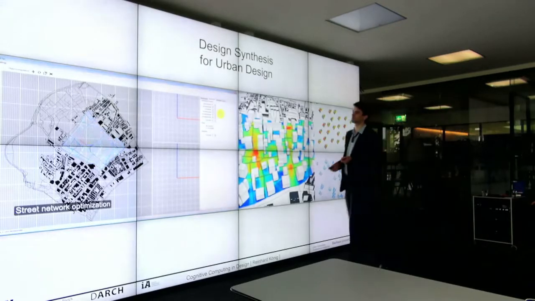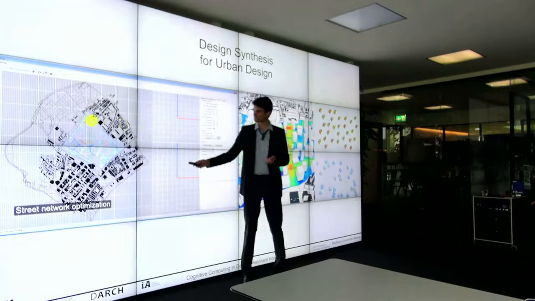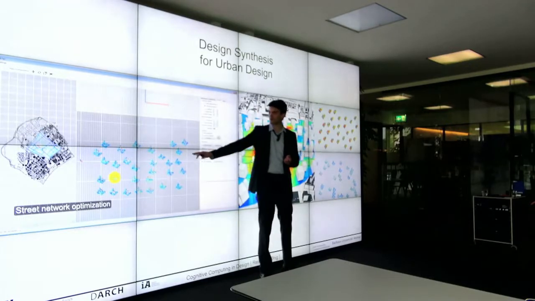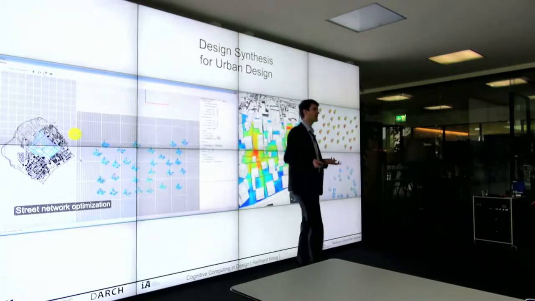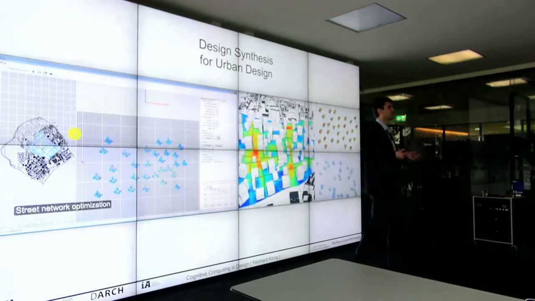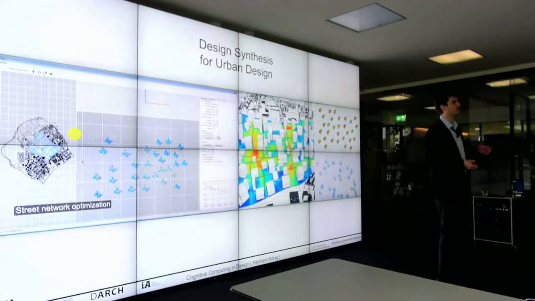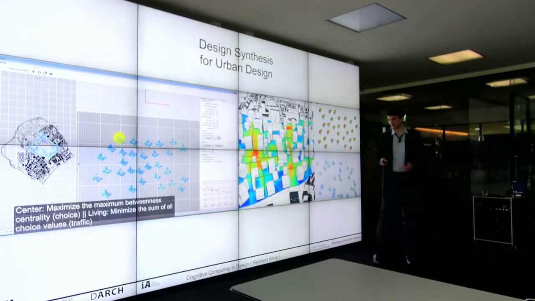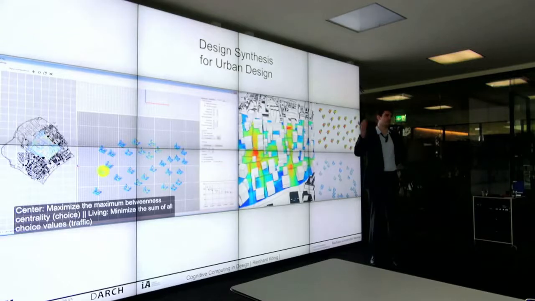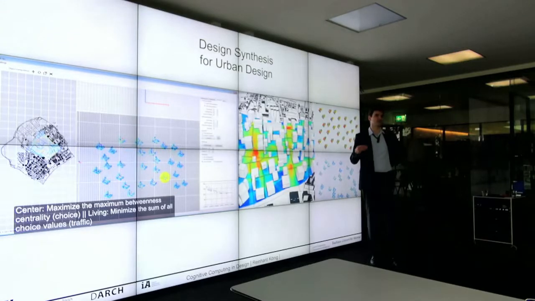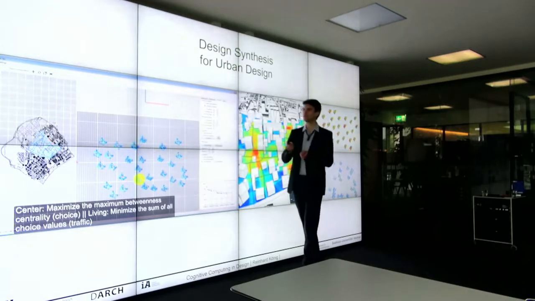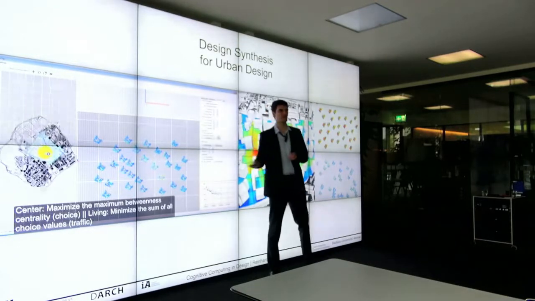So in the next step, you will see in this window, there will be some street networks, and they all fulfill more or less the requirements that you gave the system at the beginning, and then it's up to you to select something or to adapt it to the problem. And then you can test it, so it's up to you what you think fits best and how you need to steer the program to develop a better solution.